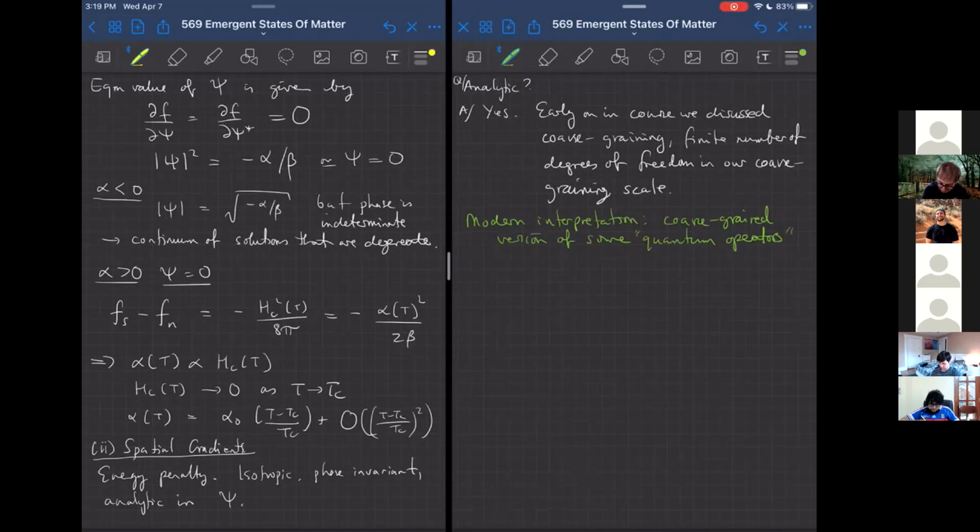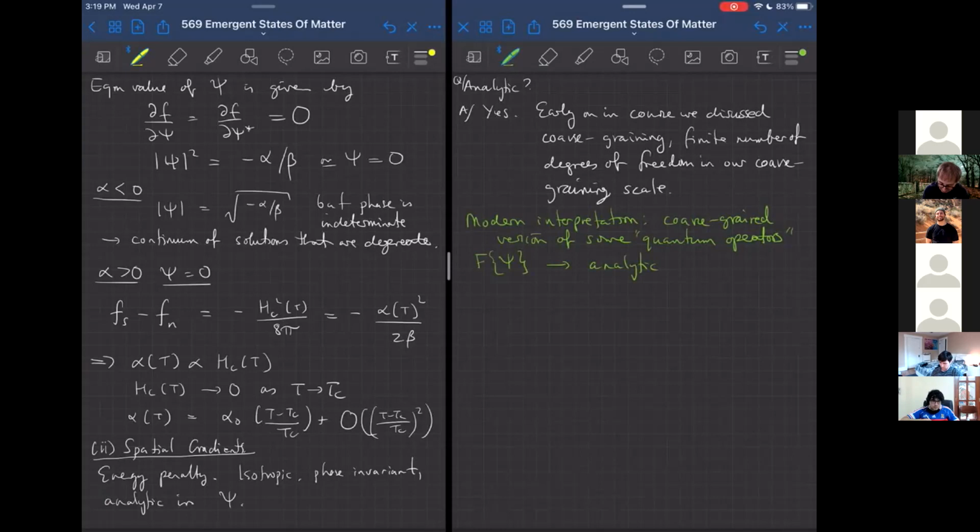And so that means that the free energy expanded in psi is going to need to be analytic. And that's why we did a Taylor expansion of the free energy.